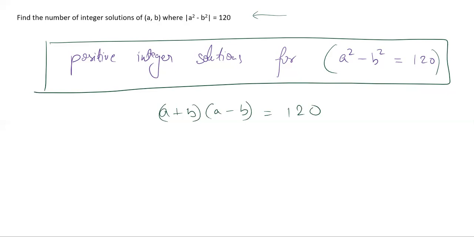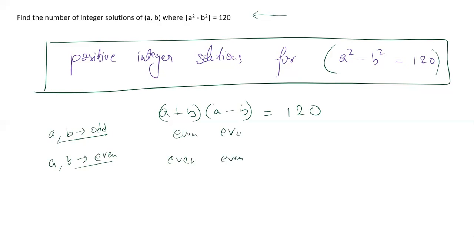What I mean by that is, suppose I consider a and b both to be odd. In this case, a plus b will be odd plus odd, which is even, and a minus b, odd minus odd, is also even, right? If I consider a and b both to be even, again a plus b is even, as well as a minus b is even, right?